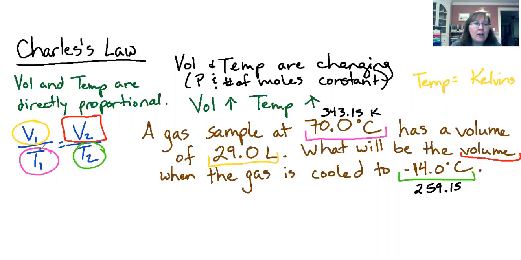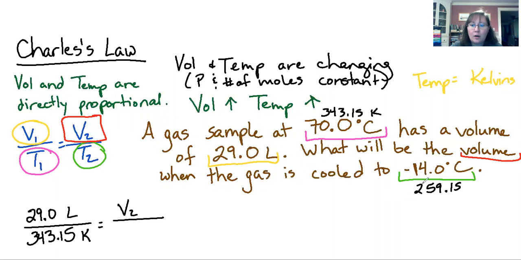So here I have V1 over T1, so 29.0 liters over 343.15 kelvins is equal to V2, which I'm solving for, times 259.15. Now I'm going to use cross multiplication to solve this problem, and that will solve for any kind of proportion like this.